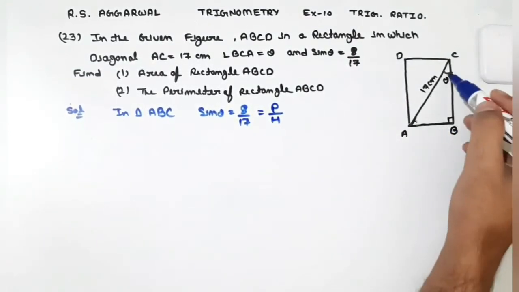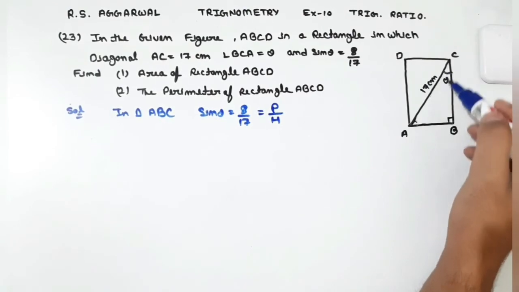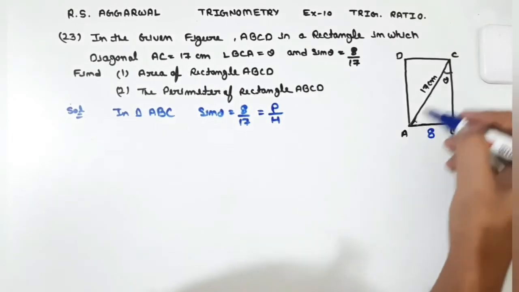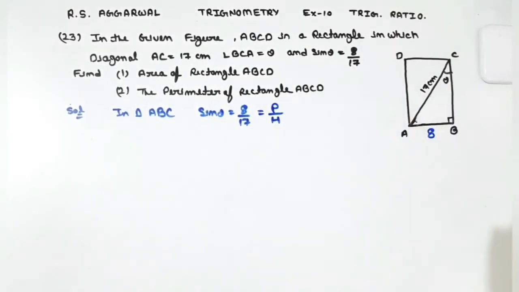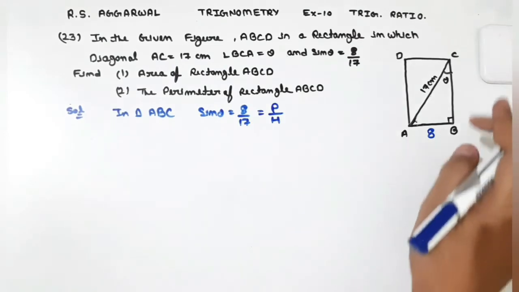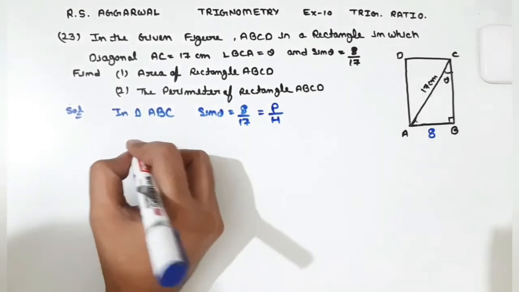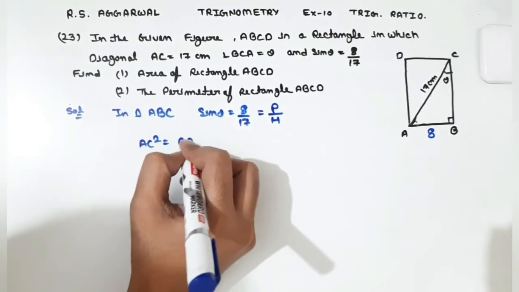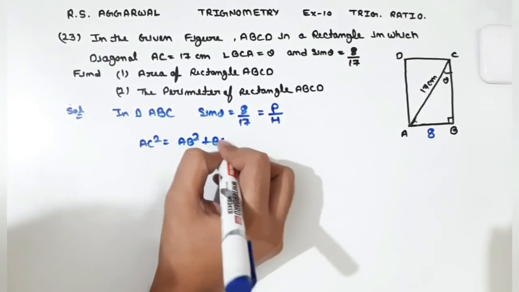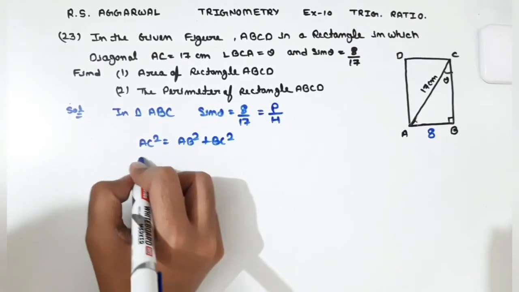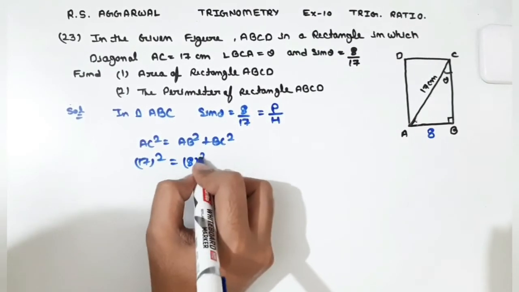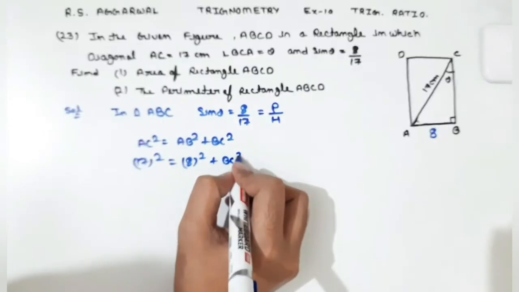So in right angle triangle ABC, this is angle theta. With respect to theta our perpendicular will be AB. So AB will be 8 and AC is 17, that is the hypotenuse. So firstly we will calculate BC. AC square will be equals to AB square plus BC square. AC is 17, AB is 8, we have to calculate BC.